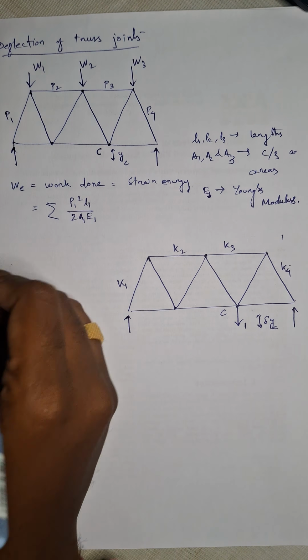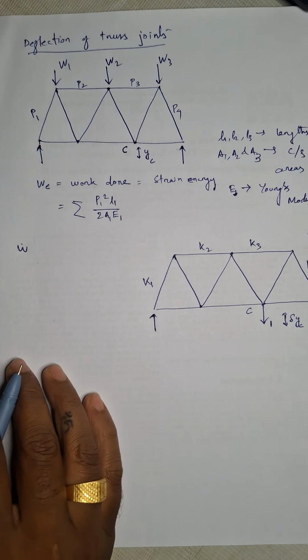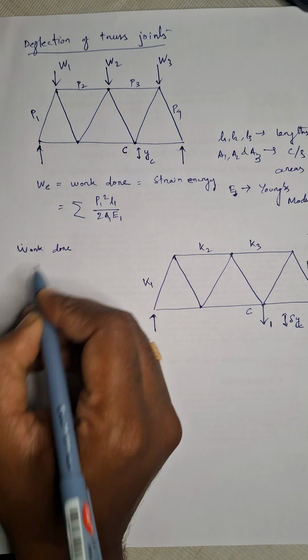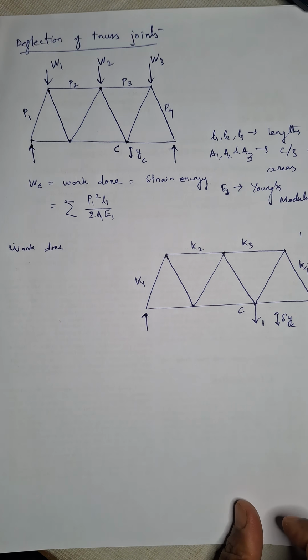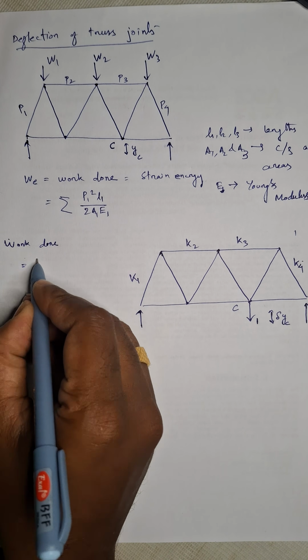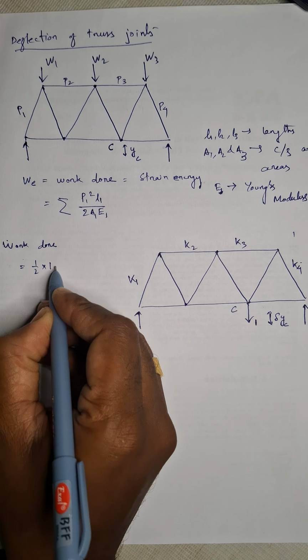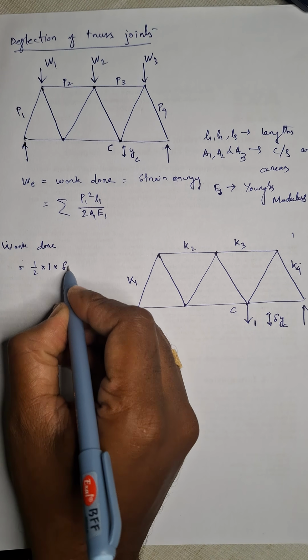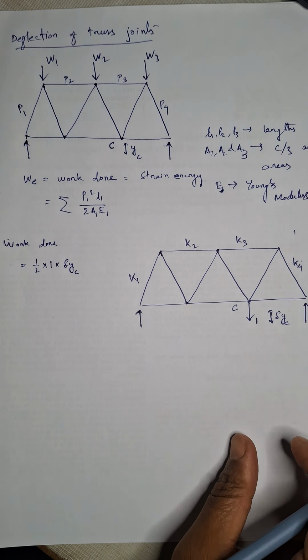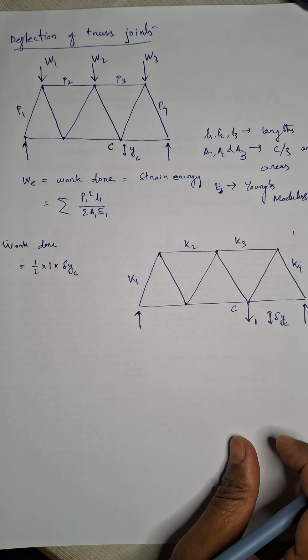Okay, now the work done due to this application of the unit force is given by half into the applied load, which is 1, into del YC. This is the work done due to the application of the unit force.